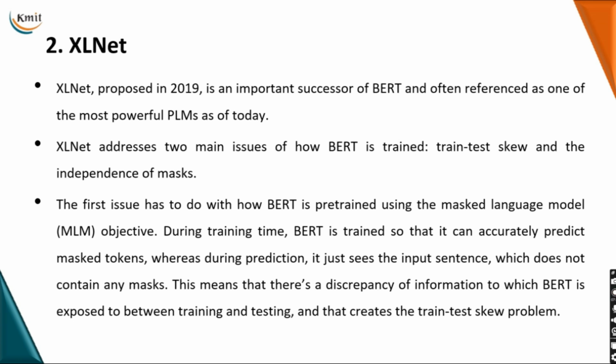This means there is a discrepancy in the information BERT is exposed to, between doing masking during training but not during testing. This is the train-test skew problem with BERT.